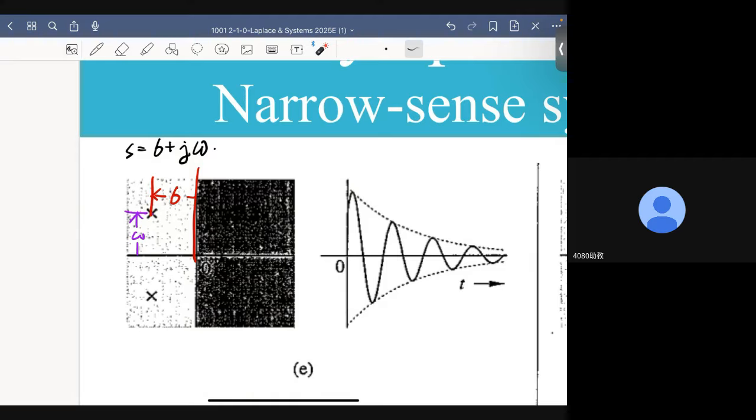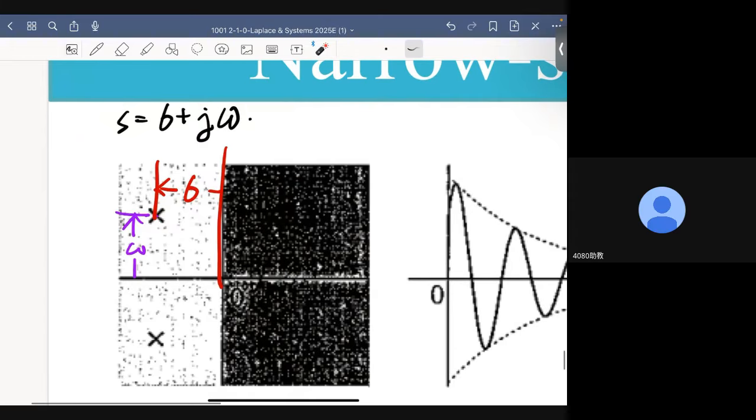All right? But why do I want to do that? Because the location of the pole matters. Okay? And what will happen if you move the pole further up and down at the same time? It will increase omega.